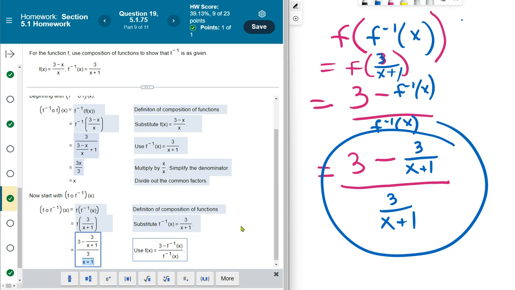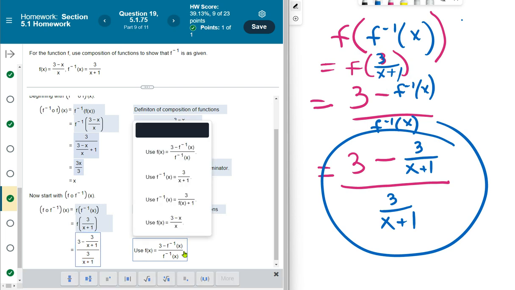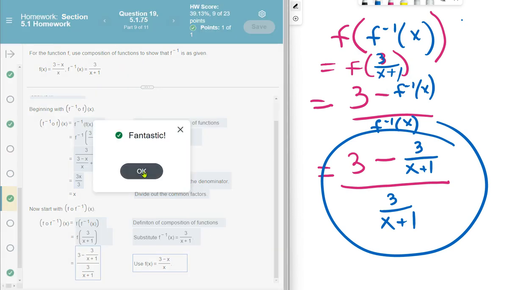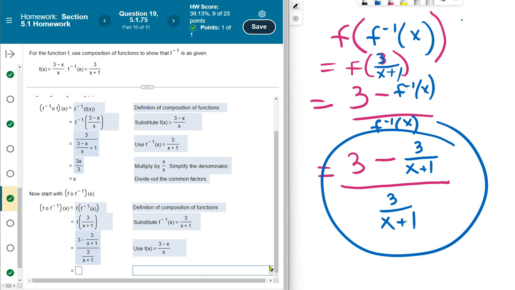I'm looking up here at this and going, this doesn't look the same. I used f of x equals 3 minus x over x. That's what I used to plug it in. Okay, check answer. There you go. Okay. And then it's a blank.